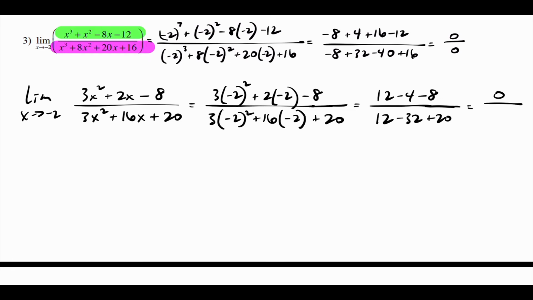That's okay. Doesn't mean anything is wrong. It could be just 0 as an answer. On bottom, 12 minus 32 is -20, plus 20 makes a 0 as well. So we got indeterminate form again. What do you think we're going to do? Take a wild guess. Yeah, do the process again until we get an answer that's not indeterminate.